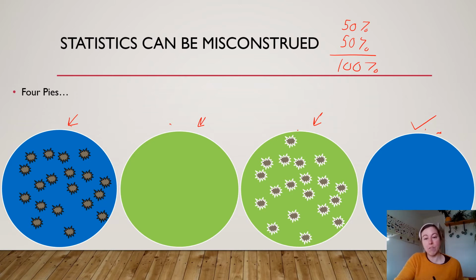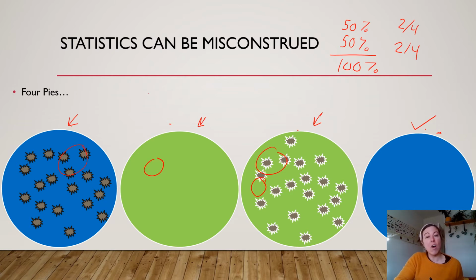There's no pie left for us. But I'm not lying, because 2 out of 4 of the pies do have bugs in them, right? 1, 2. And 2 out of 4 of the pies do have mold, 1, 2.